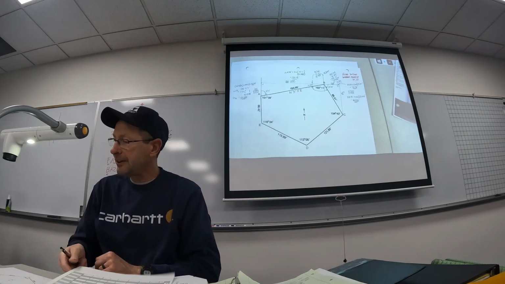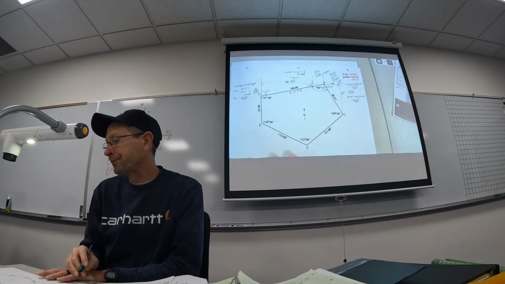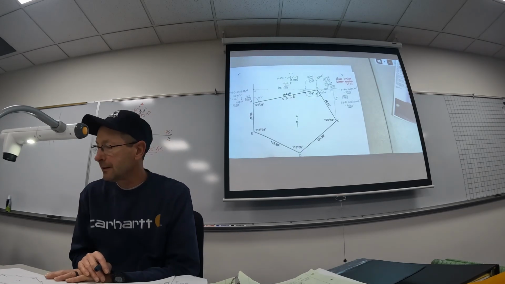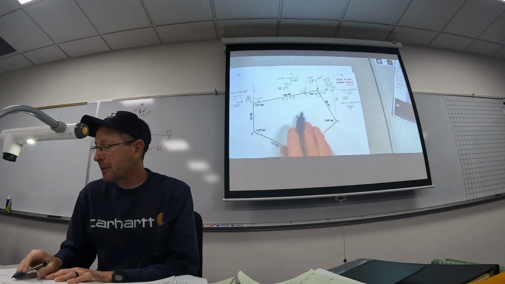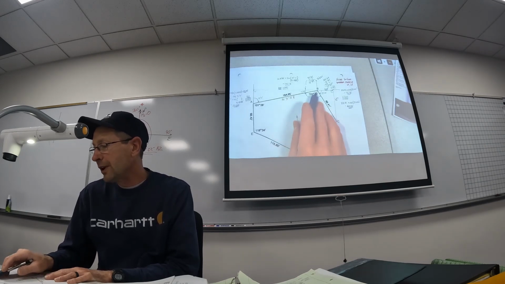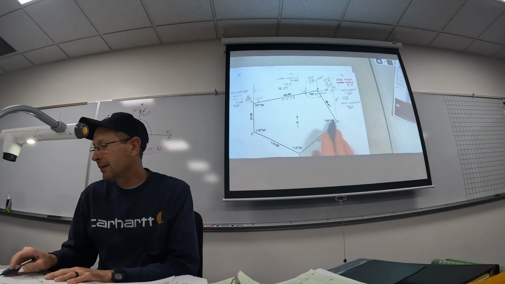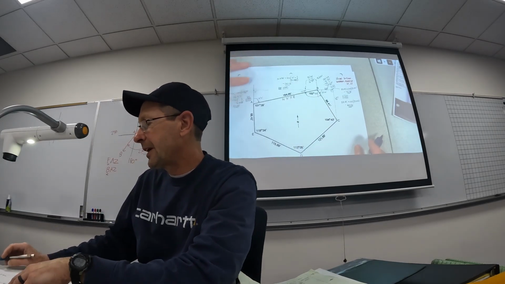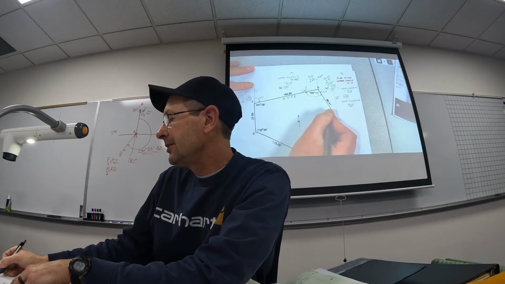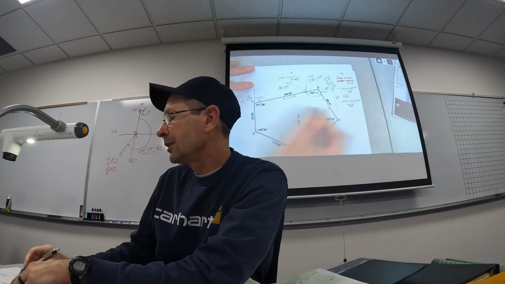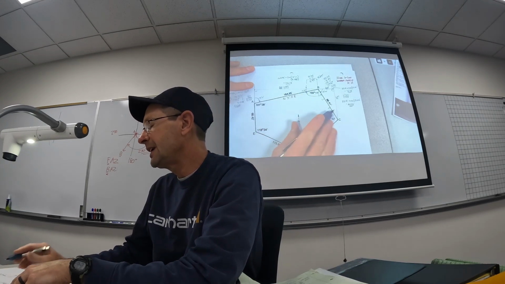So from B to C, we calculated all three angles. Let's think about the homework from last week. What is the bearing? Yep, we're going to be going to the south and east. So we can already say the bearing. Let's just say south and east, because we're going south tipping to the east.